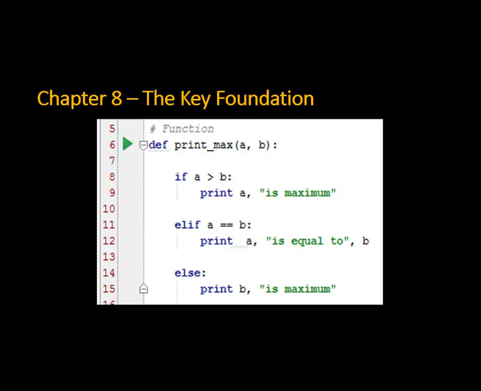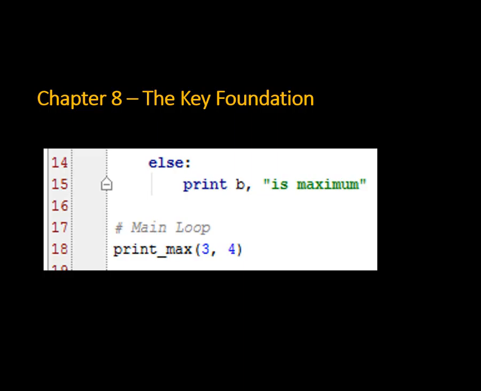So we've created our function. Again, there's no real end type of code or reserve word that we put at the end of the function, and we're ready to go on. So line 17 and 18 we'll call our main loop, our comment, and then our print statement.